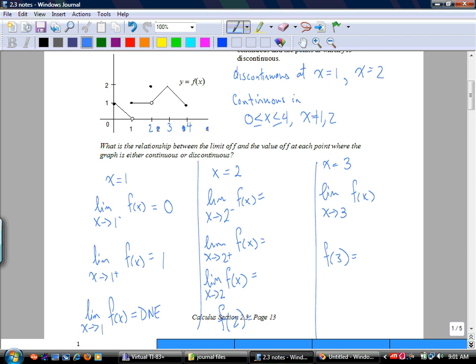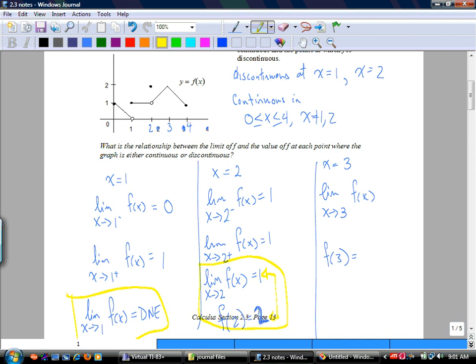So as x approaches 2 from the left it is 1, from the right it is 1, as x approaches 2 it is 1, but f of 2 is 2. And that's why we would say it's discontinuous, because these two numbers don't match each other. They've got to be the same number. And the reason we say x equals 1 is discontinuous is because there's no limit, so we can't even start the process.